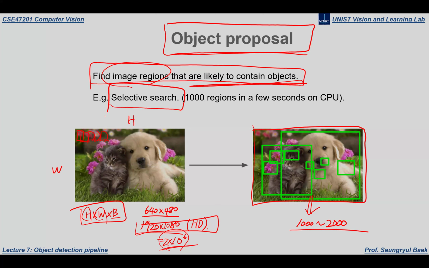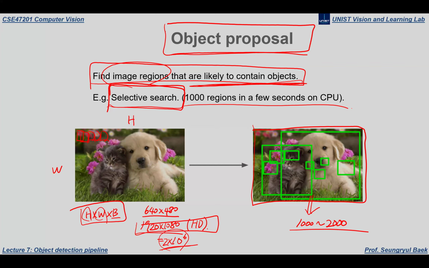There are many algorithms for this, but one famous algorithm is the selective search algorithm. So they are giving us 1,000 bounding boxes that may contain the object inside.